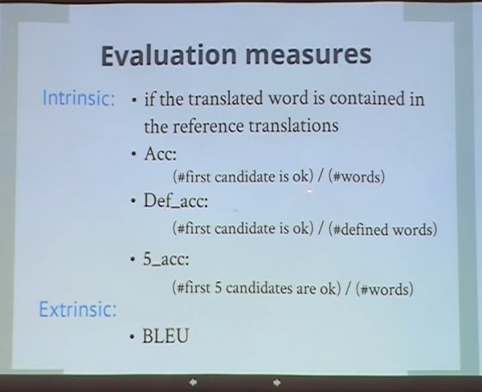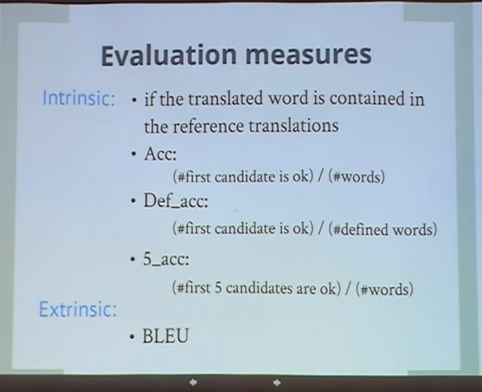And this accuracy is over all words. Unlike this, defined accuracy: since we have some out of vocabulary words, some undefined words for which we don't have a model, defined accuracy is also the best candidate, but it's counted just over the defined words.